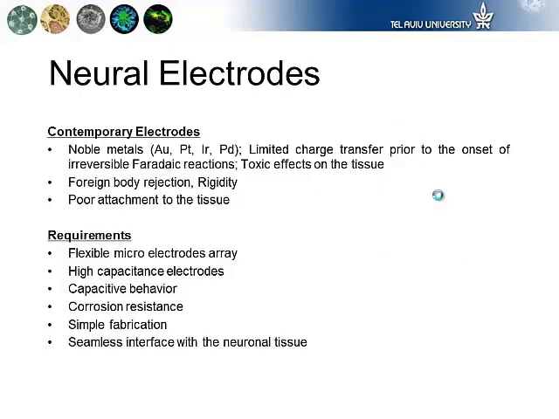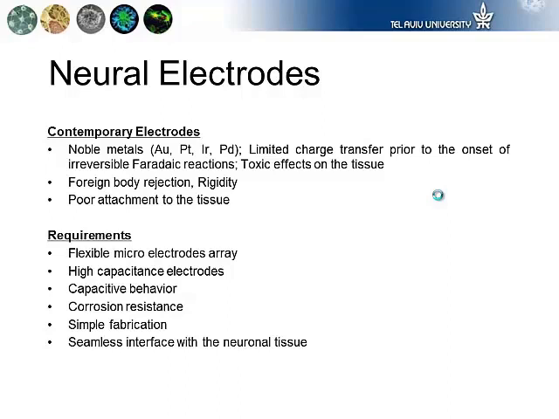Now, in terms of the existing technologies, the electrodes that are being used most commonly are noble metal electrodes. There are several variations, several different materials that were proposed, but this is generally the metals that are being used.